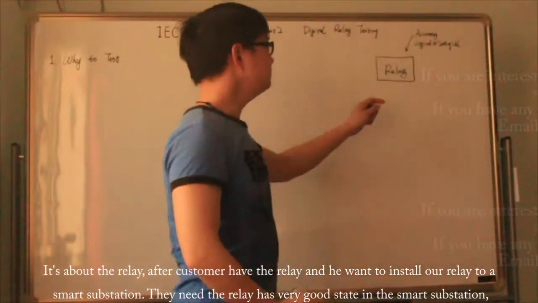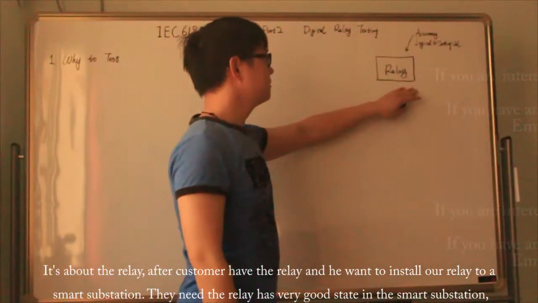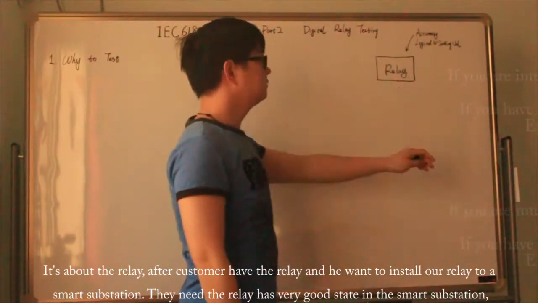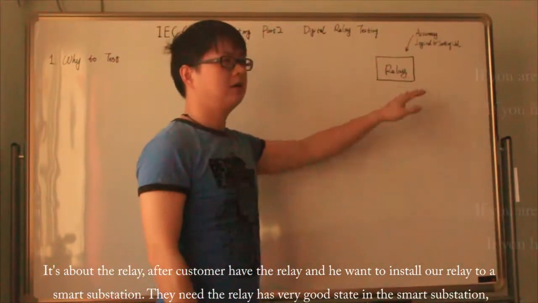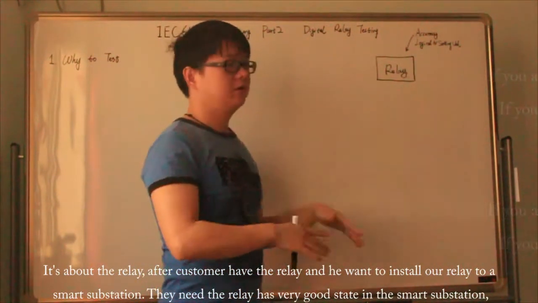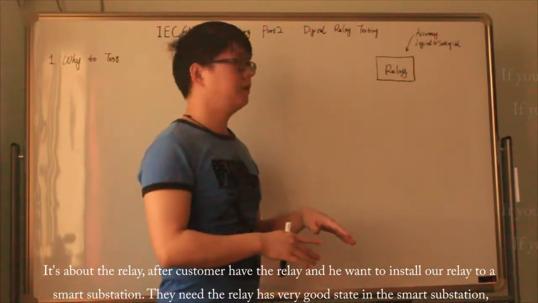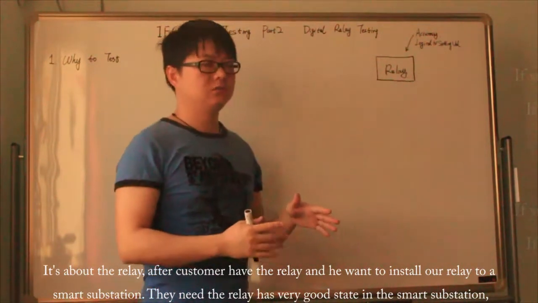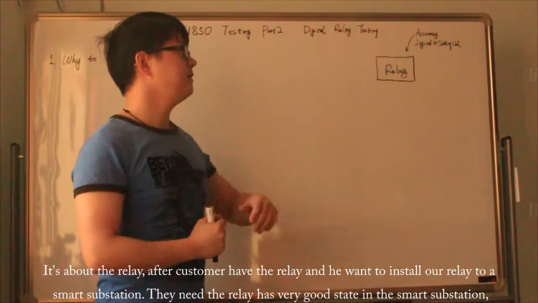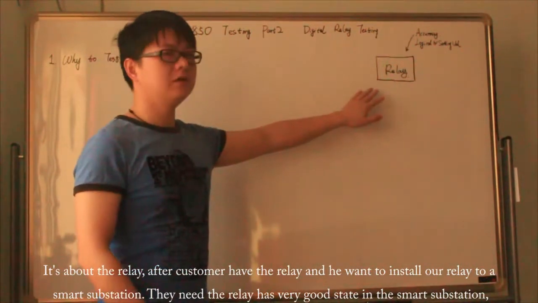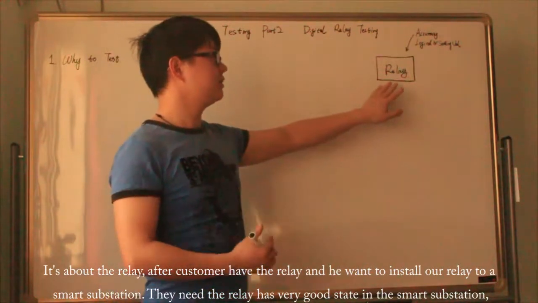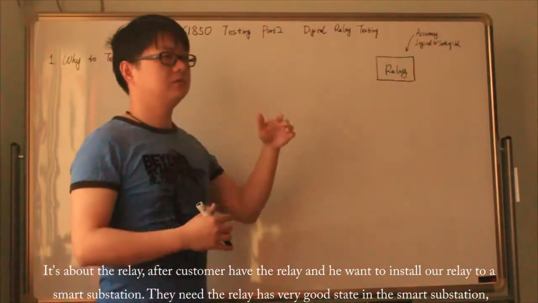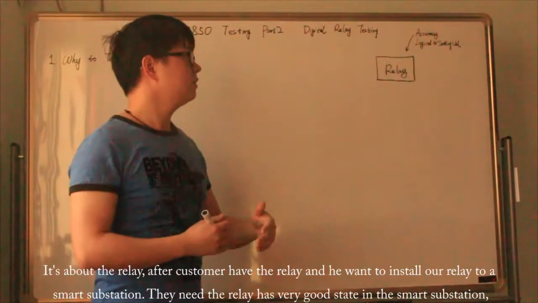So that's about a relay. After our customer has the relay and wants to install it in a smart substation, they need the relay to work in a very good state in the smart substation.